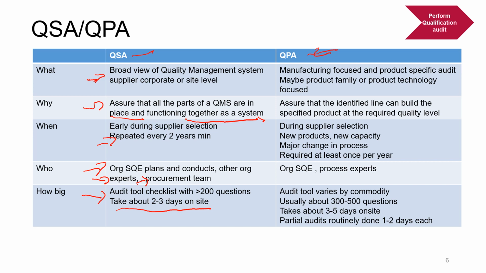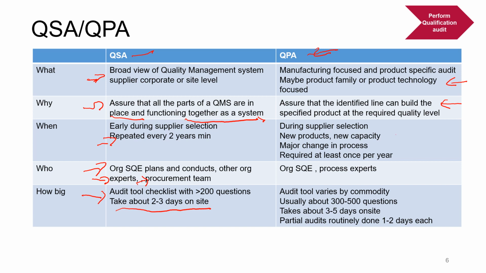In quality process audit, it is more manufacturing process focused and product specific. It is for a specific product family or product technology. It will assure that the identified line or the identified areas can build the specific products as per the customer's or your company's requirement.